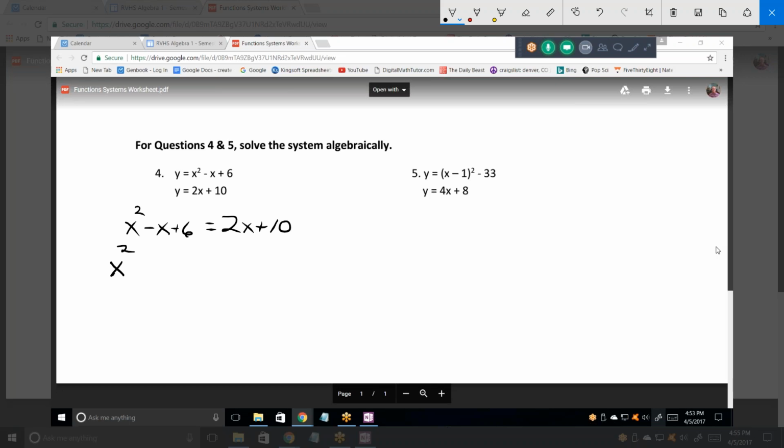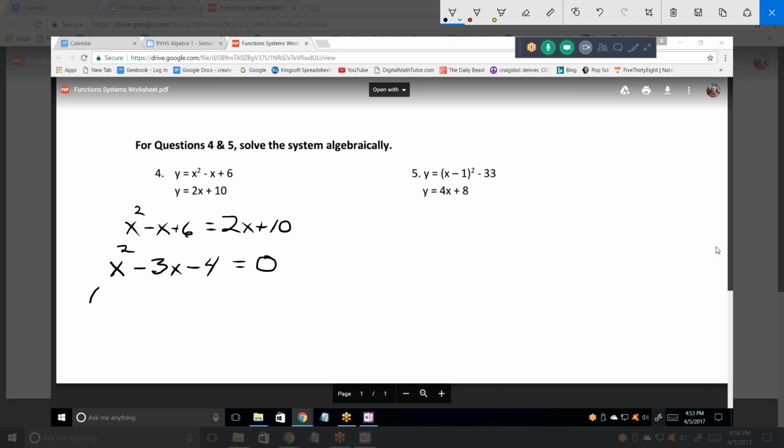You're going to have 3 x's. Minus 3. Because in order to move it over, I got to subtract 2x from both sides. And what number am I going to have? Minus 4. Okay. And there's nothing left over here because I subtracted everything. So there's 0 left over.